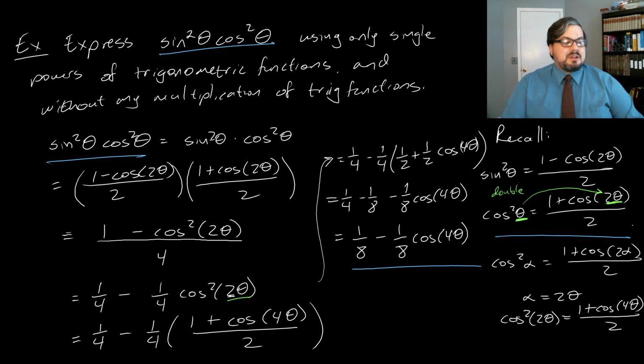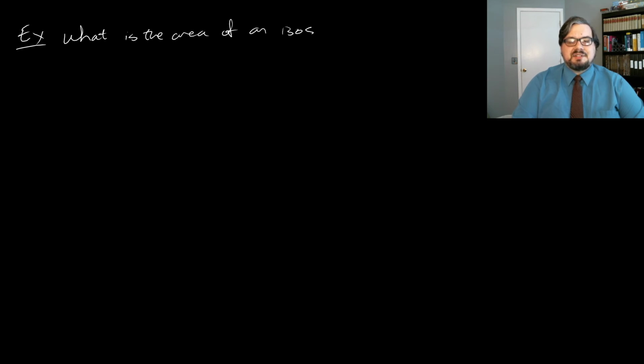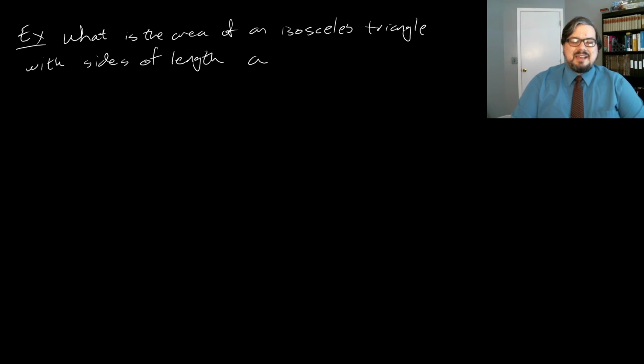All right, the last thing I want to do is to see how we can use the half-angle identities to get a formula for the area of an isosceles triangle. So let's ask, what is the area of an isosceles triangle with sides of length A on either side of an angle theta?